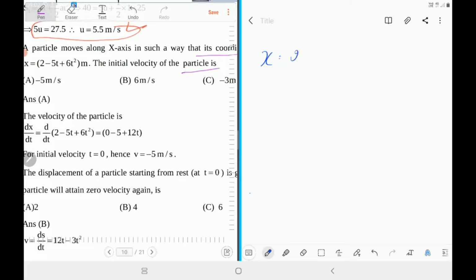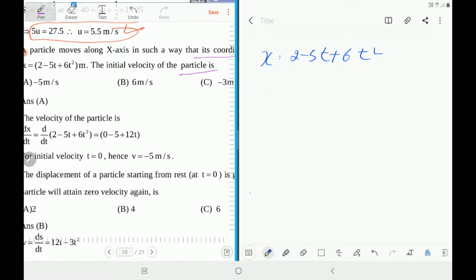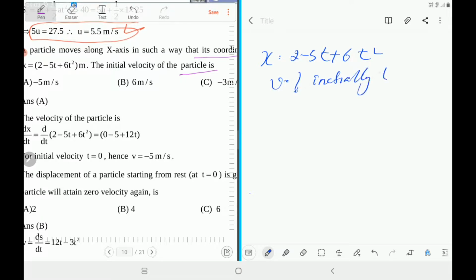What is x? 2 minus 5t plus 6t squared. What he wants you to find? What's velocity initially? Initially, as I told you, initially implies what? t equals 0. If he wants you to find velocity at 2 seconds, put t as 2 seconds.